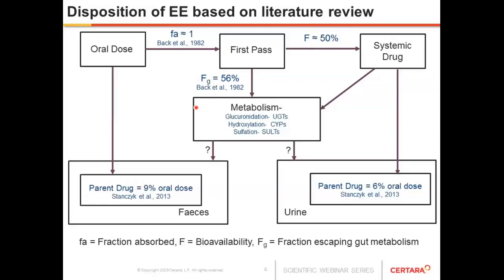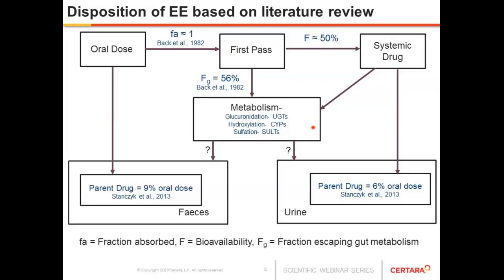And then when it gets into the systemic circulation, it undergoes further metabolism. And the metabolism that ethinylestradiol undergoes was thought to be mediated by, first of all, the CYPs. So CYPs is an acronym for cytochrome P450, of which CYP3A4 is one. It is also known to undergo glucuronidation by UGTs, which is another group of phase 2 metabolic enzymes, and then sulfation, which is another group of phase 2 metabolic enzymes.